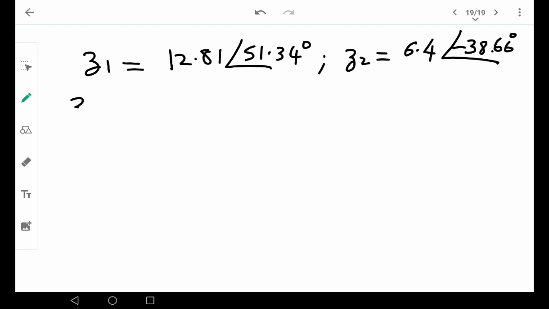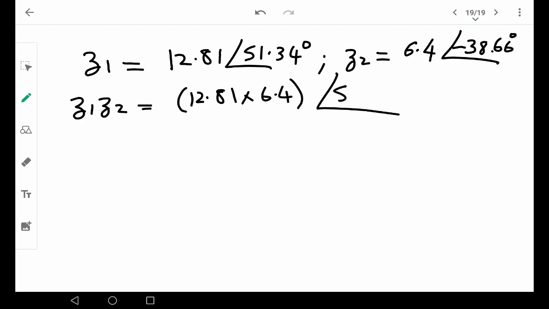Then we can write z1 z2 equal to 12.81 into 6.4 angle 51.34 minus 38.66.